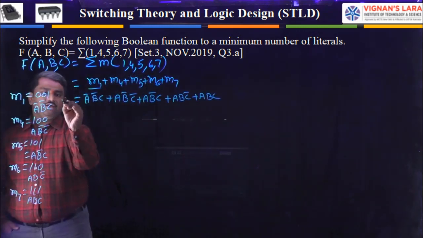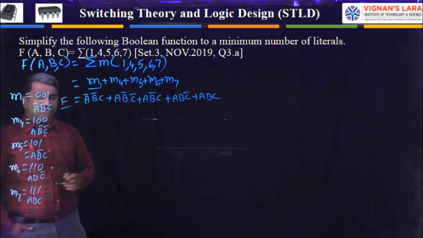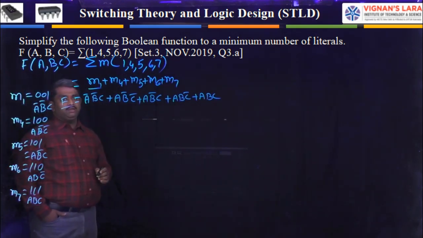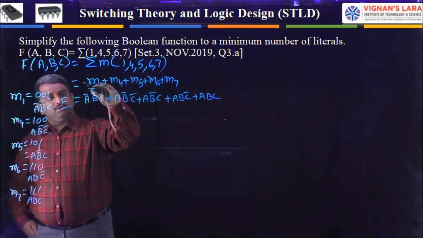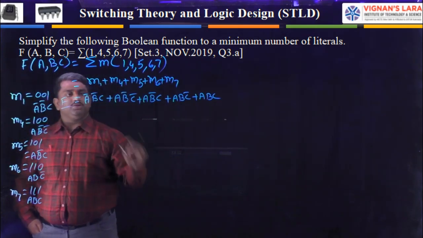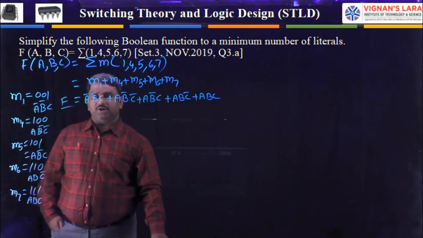Finally our function f is equal to A bar B bar C and so on. Like that we have to write. Here don't write it differently, because there may be a chance of confusion.